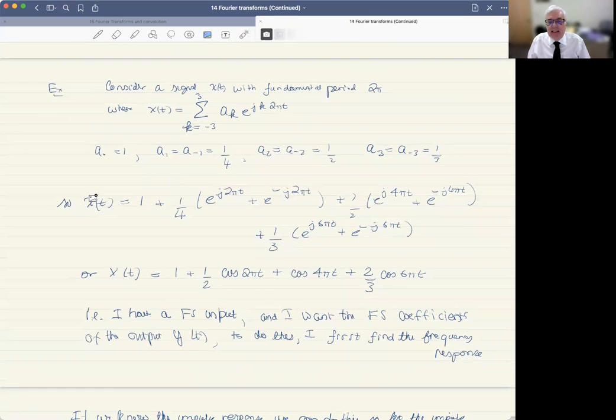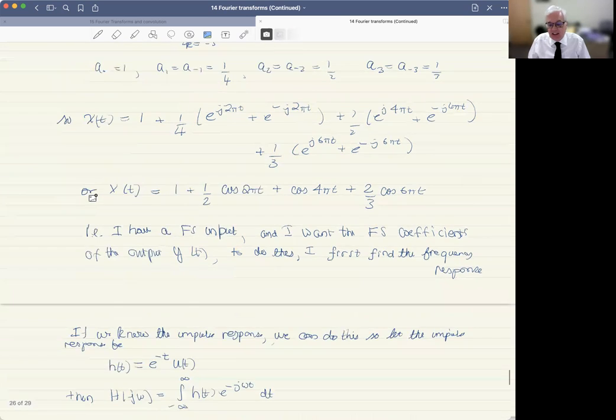And then what I have done at the end of this set of notes is simply work another example, this time where the input is a Fourier series.